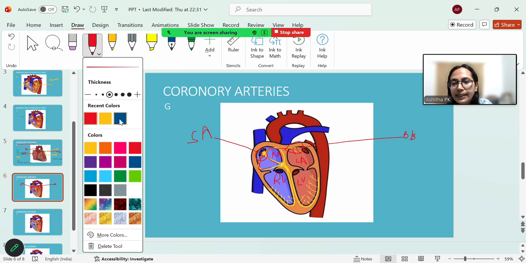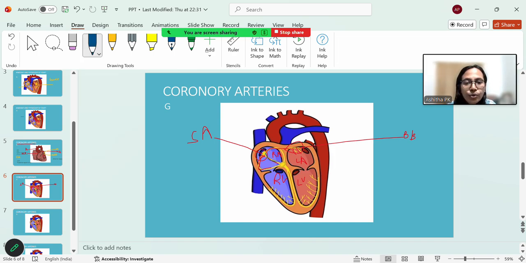Then from the SA node, the impulse passes to the AV node. This is the AV node.